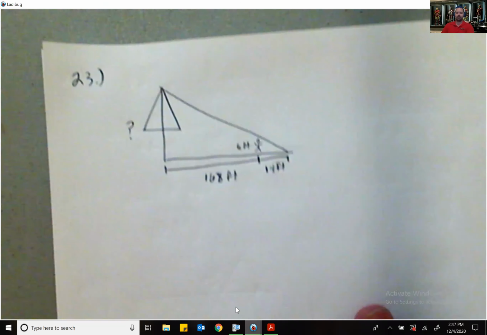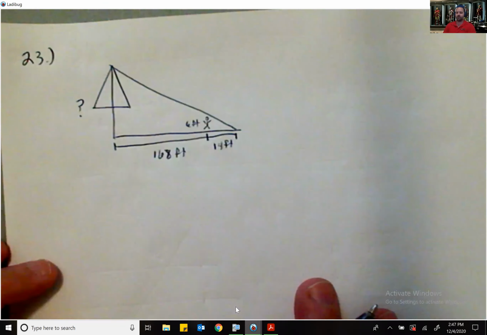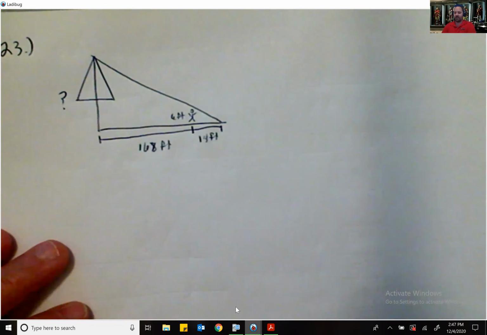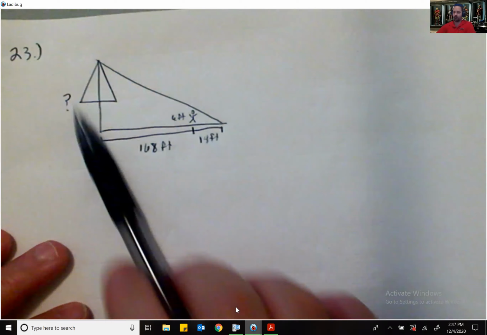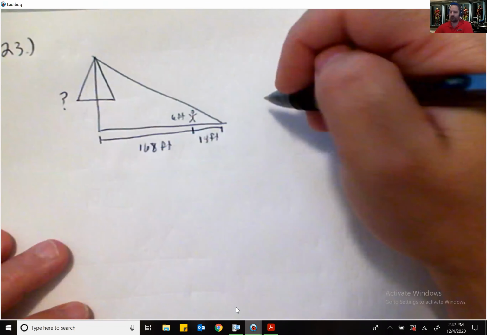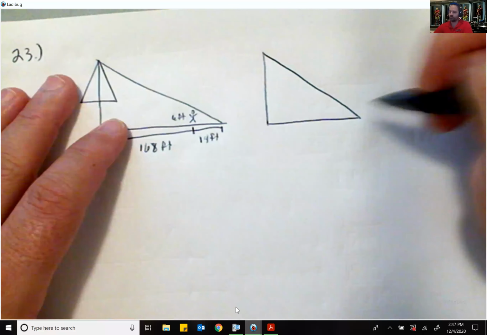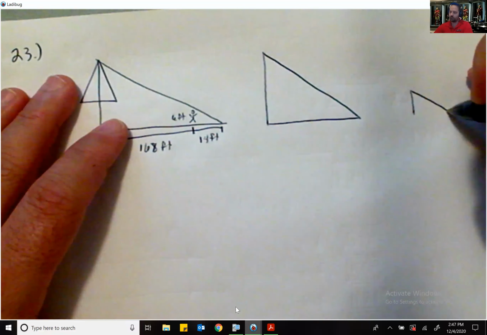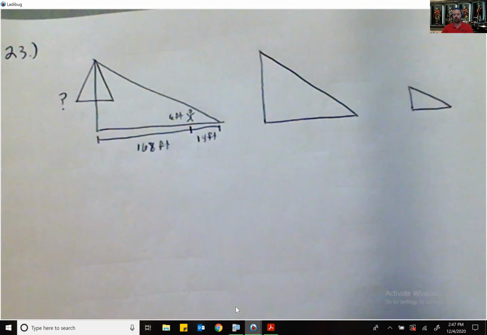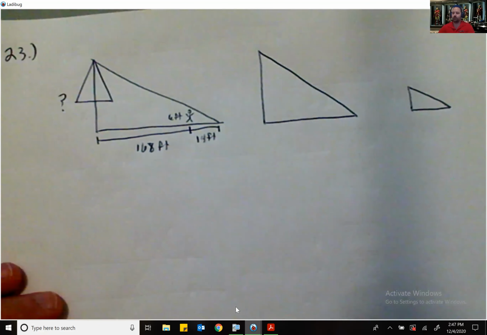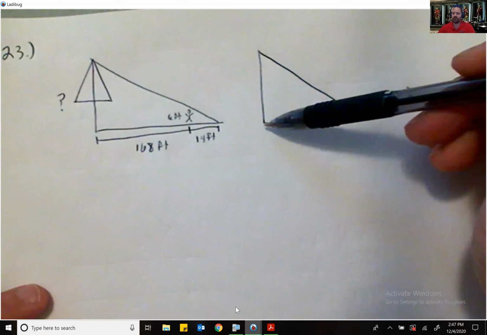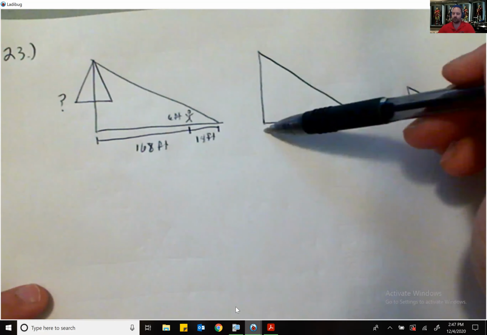So there's what it looks like. So remember, this is similar triangles. If you can't see the 2 triangles in here, then my advice to you is to redraw them. There are 2 triangles in there. There's a large one, and then there's a smaller one. Okay. So do we know what this length of the large triangle is?